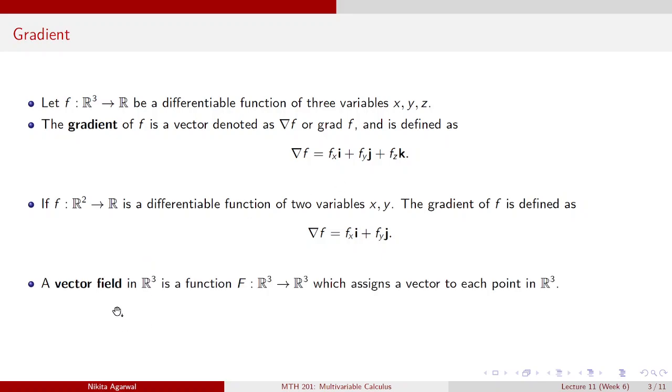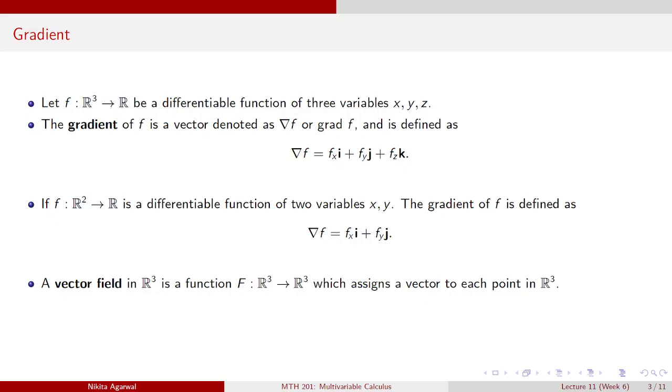What is a vector field? A vector field in R3 is a function from R3 to R3, which assigns a vector to each point in R3. We'll look at an example so it will be clear. So for every point you have a vector.